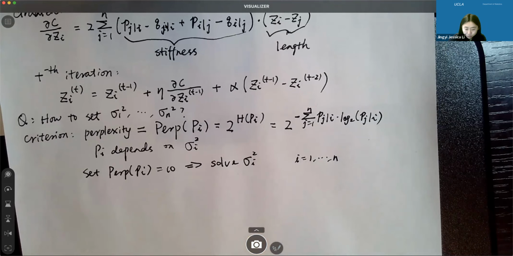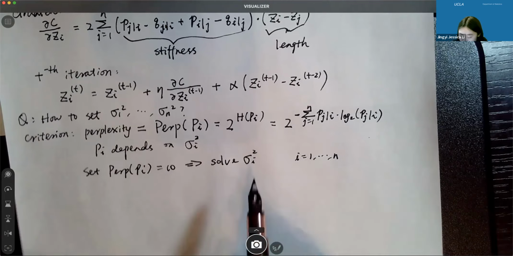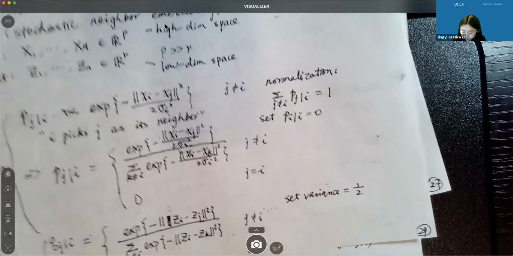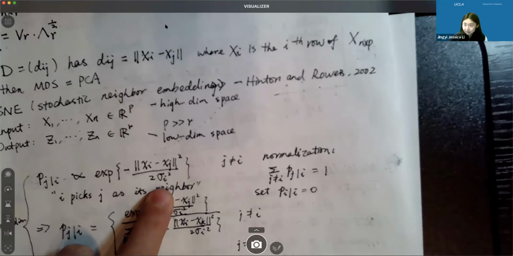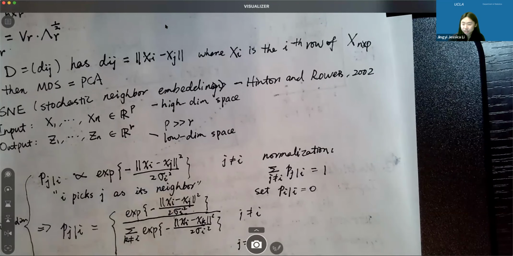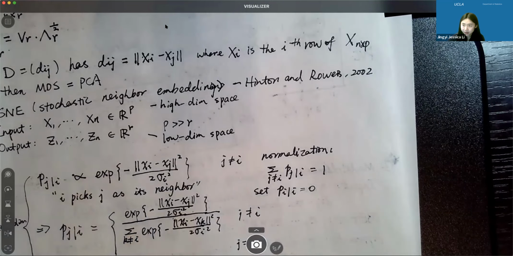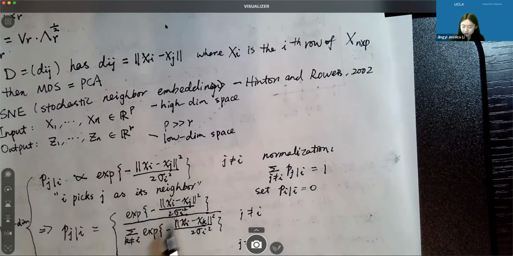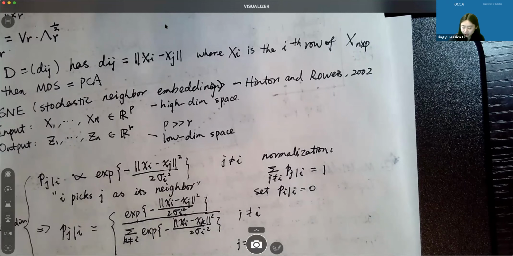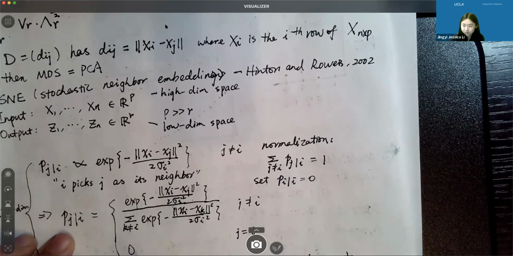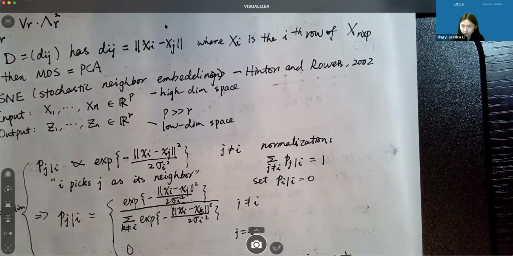So you can imagine what would happen when sigma i increases. Look at here. When sigma i is large, it's just like in a Gaussian distribution, the variance is large, so the density will be broader, right? And being broader means what? More neighbors will receive similar probabilities. So the probability pj given i will be more even for different j's, more spread out.